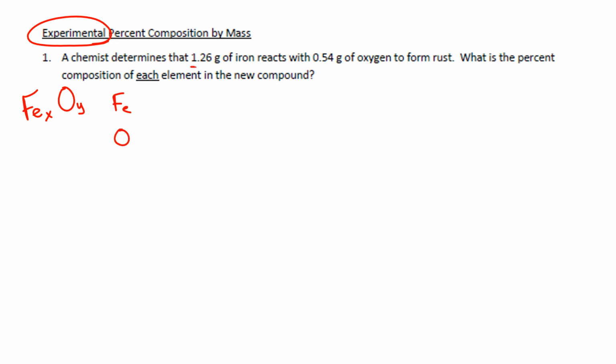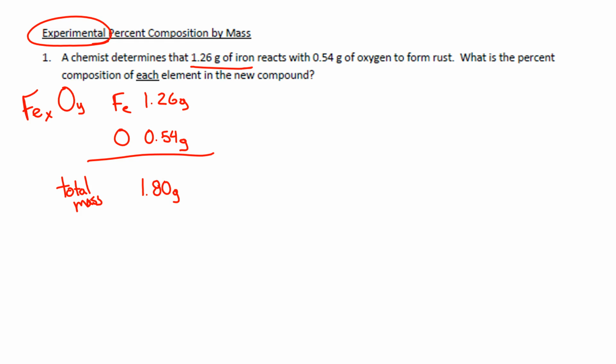What I know about the iron is that I have 1.26 grams, and what I know about the oxygen is I have 0.54 grams. The other thing that I can find out is a total mass of the sample. The way I do that is just add them together. So I have 1.80 grams of sample.